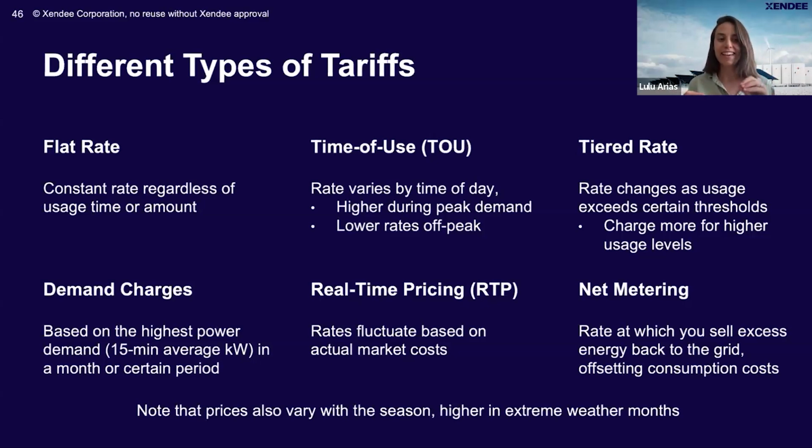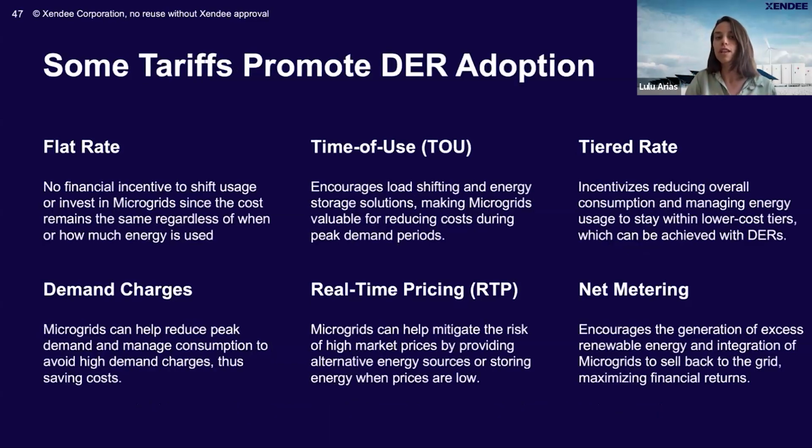Demand charges, another component that adds costs, are based on the highest power demand in a certain month or period. Real-time pricing is similar to time of use, rates vary, but in this case it's based on actual market costs. And finally, net metering, which we'll see in a bit more detail, accounts for the rate at which you can sell excess energy back to the grid.